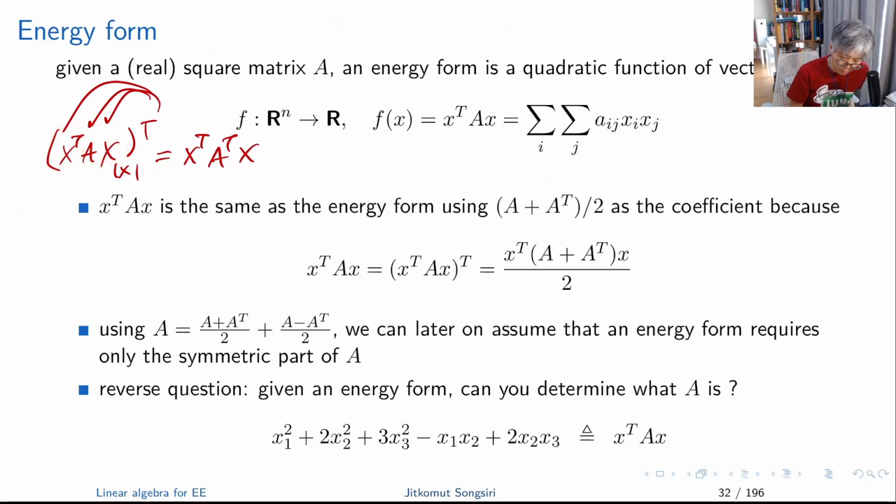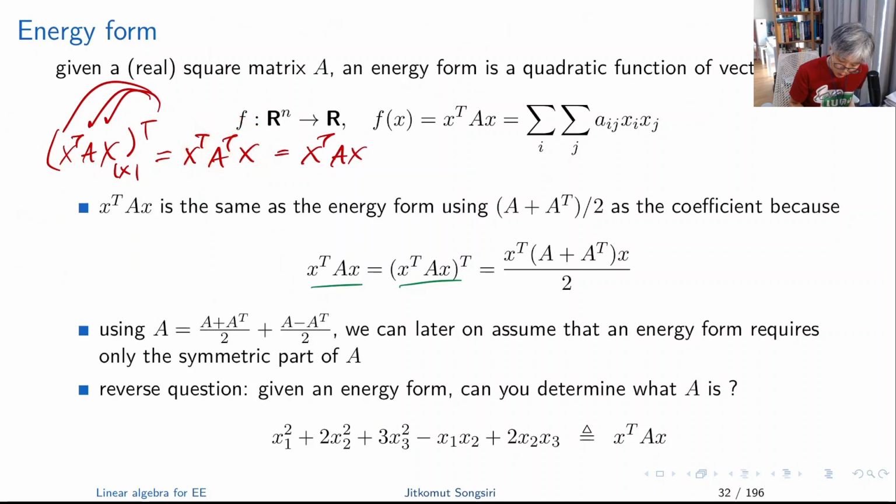So you get this one. But because you know that this one is a scalar, after you transpose it, it should be equal to itself, right? Like you transpose 2, you get 2.